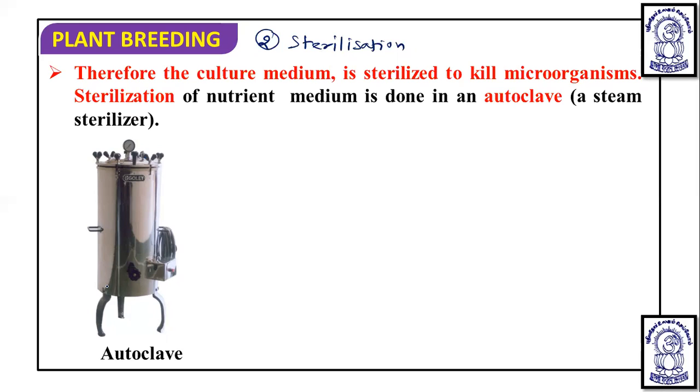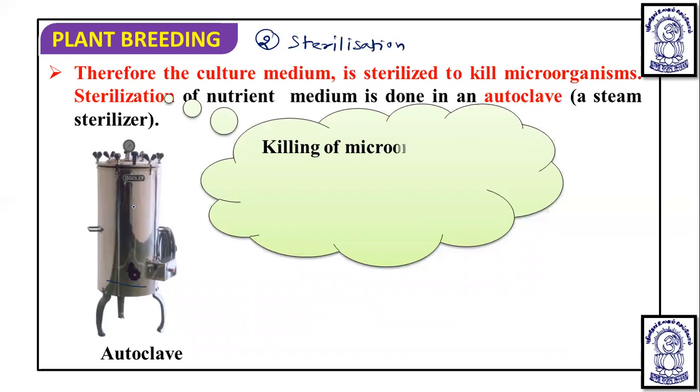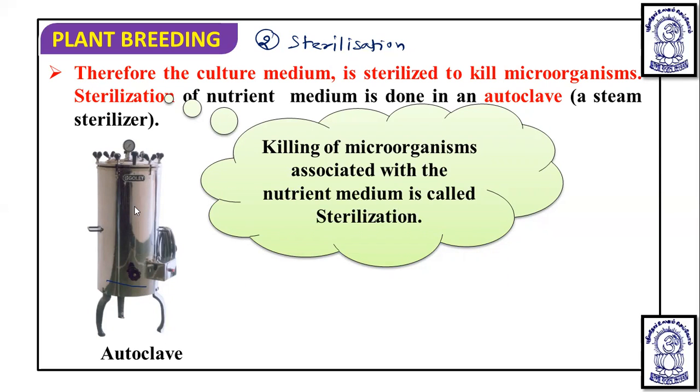We fill the water level up to here, and all things are put inside. The steam will be generated, and under high pressure and high temperature, the microbes are killed by this sterilization. So killing of microbes associated with the nutrient medium is called sterilization. Ultimately sterilization is needed to create a microbe-free environment.